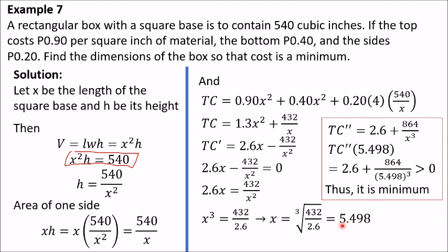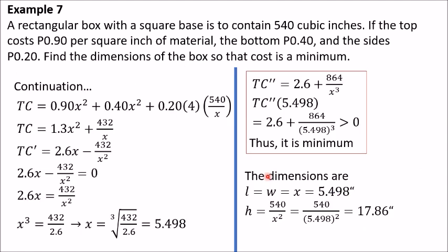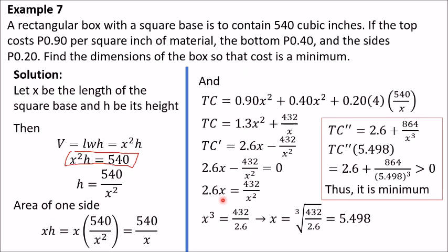So, that's why x now is equal to 5.498. The dimensions are, yung length natin at saka width ay pareho, which is equal to x, and that is 5.498 inches. And then yung height natin from the previous, ito yung ating nakuha, 540 over x squared. Balik ko muna. Ito, this height equals this.